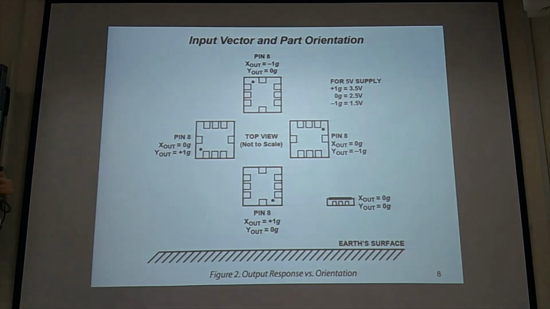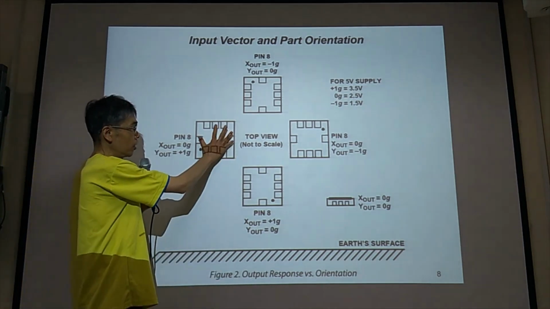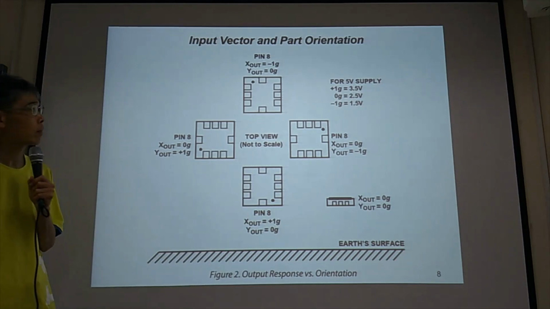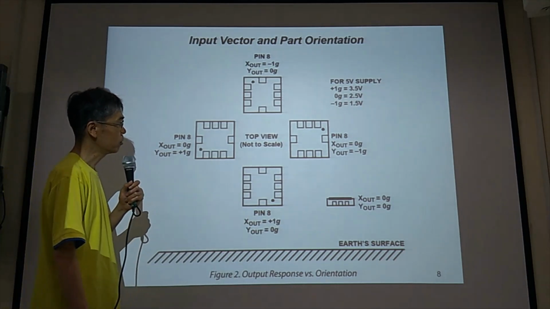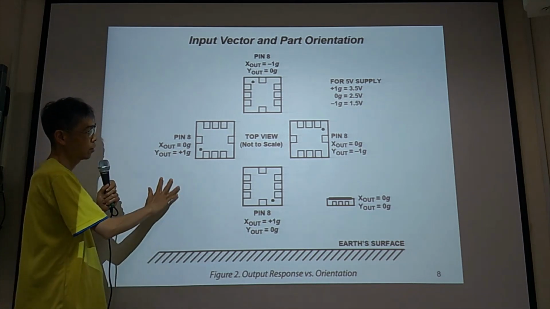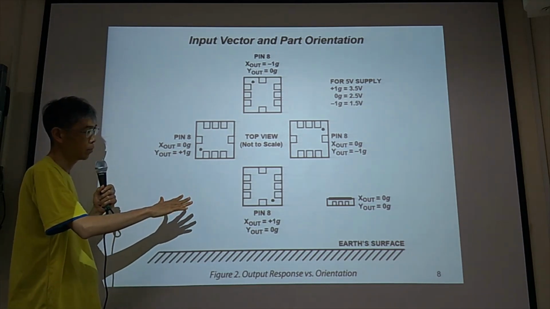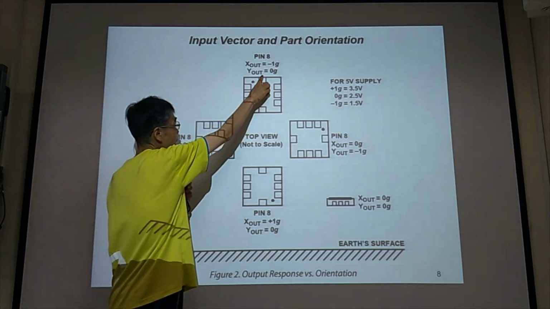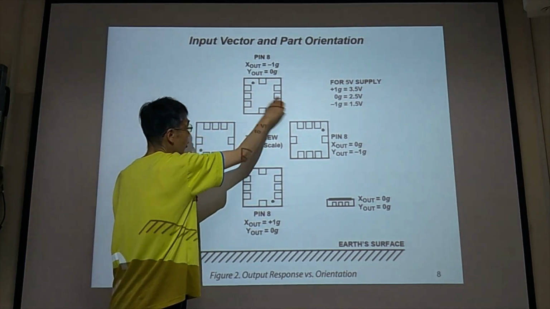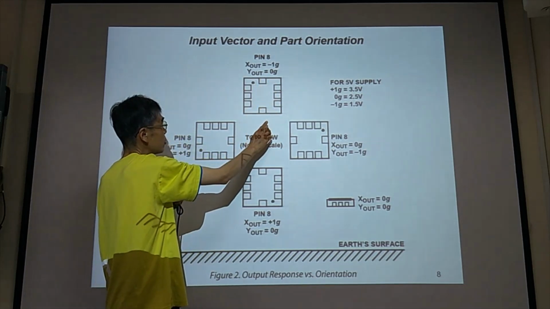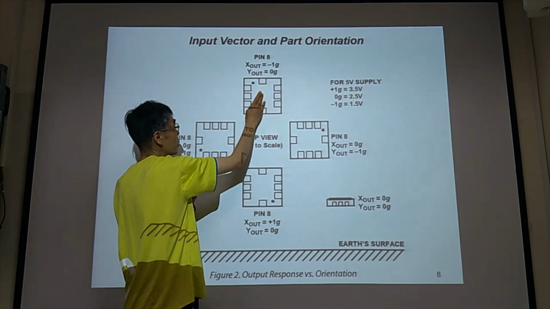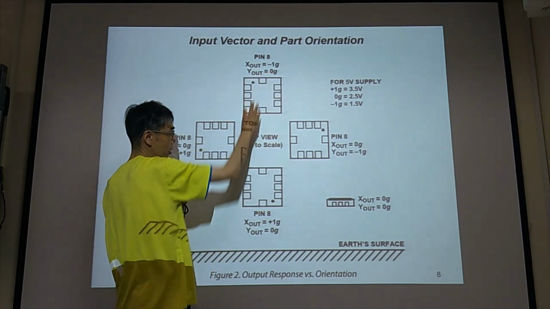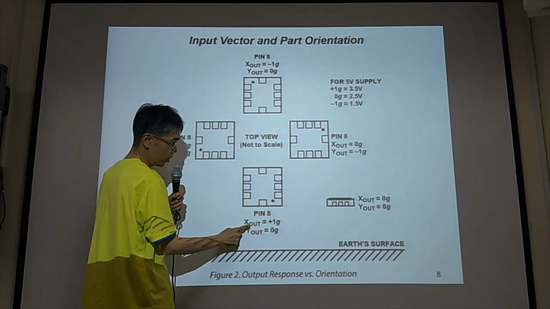Okay, so this is the top view of the ADXL203 accelerometer. So just imagine, this is X, this is Y. So in this way, we can measure X out -1G. So if you rotate 180 degrees, we can get X out 1G.